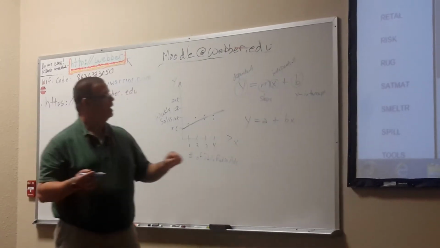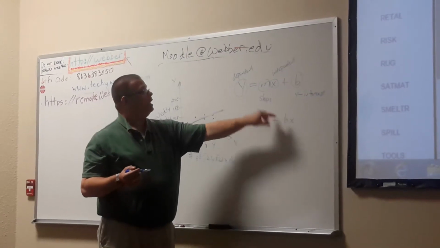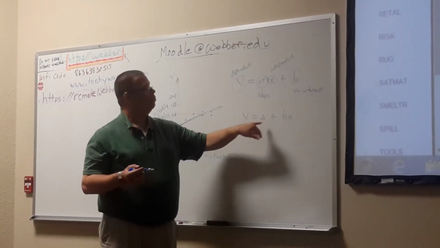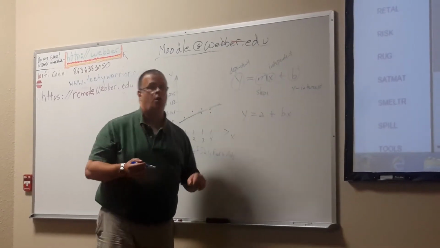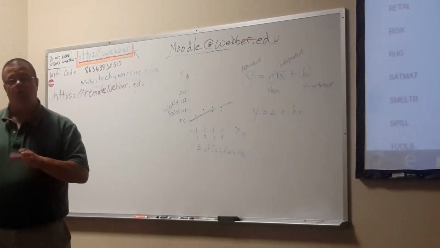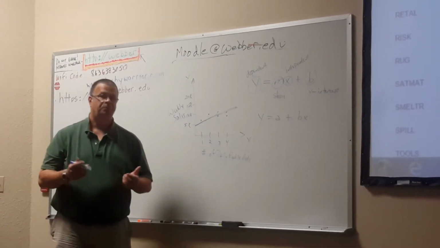But basically it's the same thing. Y is our dependent variable, x is our independent. B, the coefficient that goes along with the independent variable, is the slope, and the coefficient that's all by itself is the y-intercept. So a little bit different order, a little bit different representation, but it means the same thing.